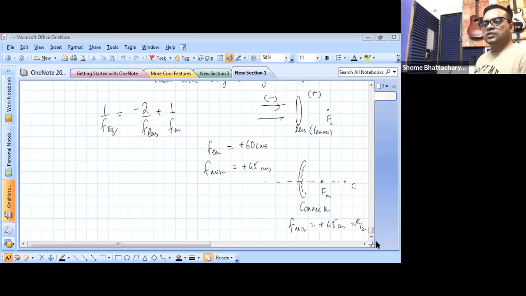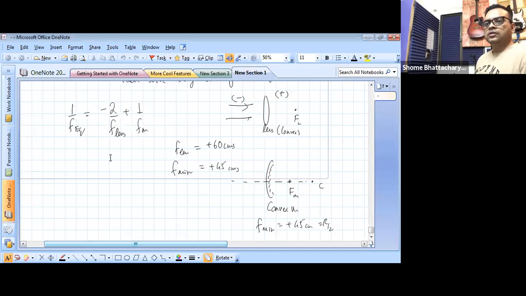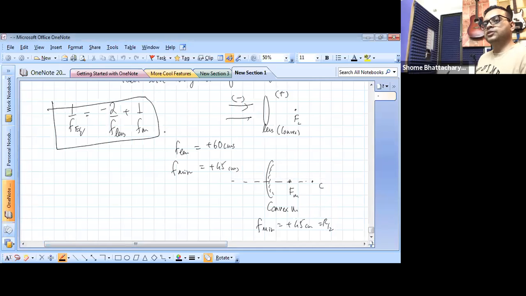Right, so this is what we should substitute in this equivalent formula. So we get now 1 upon f equivalent is minus 2 upon focal length of lens, which is plus 60, plus 1 upon focal length of mirror, which is plus 45.